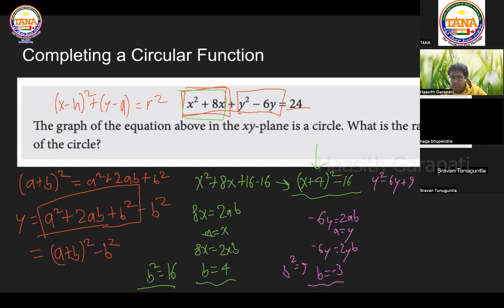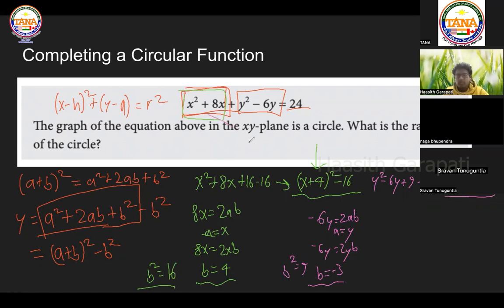So we have to do plus 9 minus 9, which turns into y minus 3 squared minus 9. Yeah, it should be y minus 3, yes.